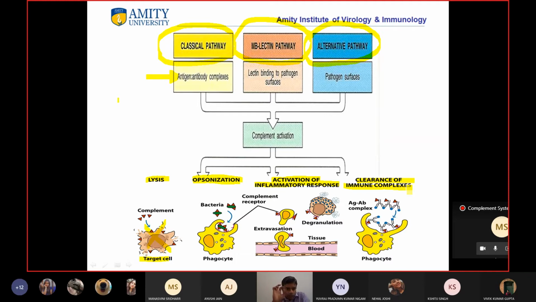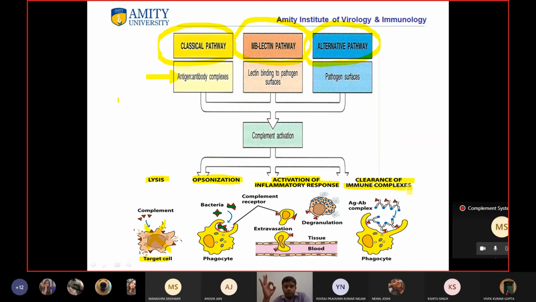So this slide shows you that there are 3 different pathways of the complement system, and there are various functions. Four of the main ones are shown here. One of them is the lysis, or killing, of the target cell, which is the most important, because the ultimate aim of the immune system is to eliminate any pathogen.